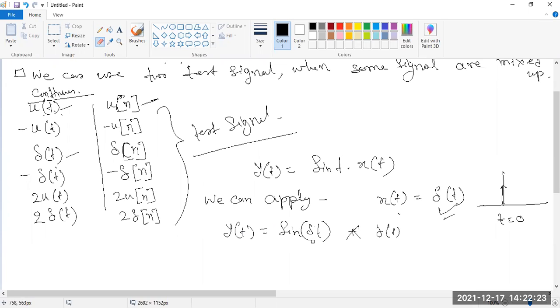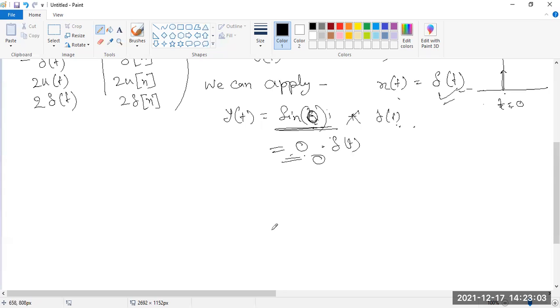The impulse signal exists only when t equal to 0, otherwise it is 0. So when t equal to 0 you put t equal to 0, sin(0) is 0, and this delta(t) exists only at t equal to 0. So sin(0) is 0 into delta(t), giving you 0.